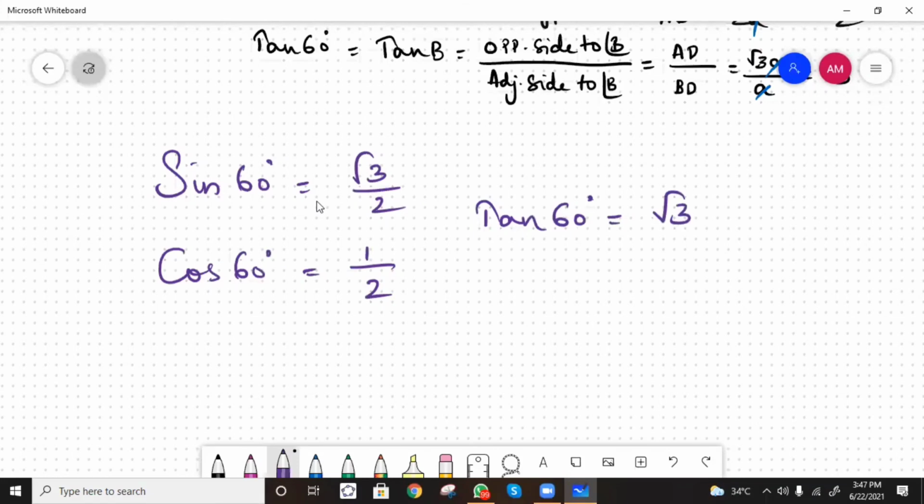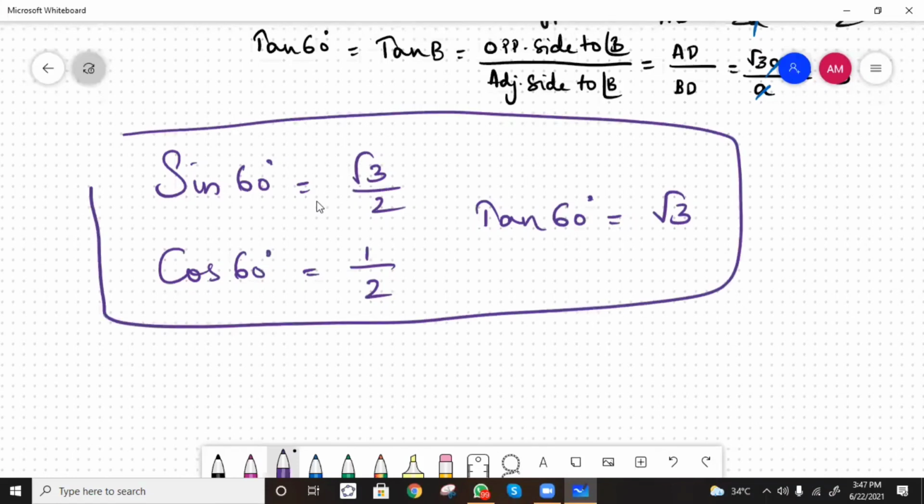We can find tan 60 by using the definition of the trigonometric ratio, opposite side by adjacent side, or tan B is equal to sin B by cos B. So how many trigonometric ratios have we found till now? For 30, for 45, and for 60. Let us write all at one place.